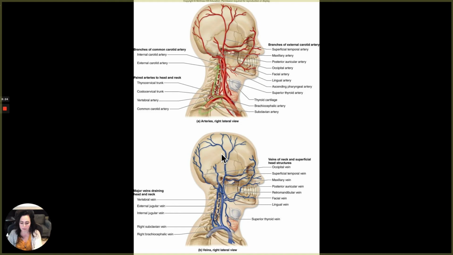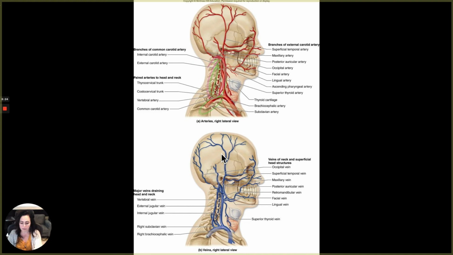So regardless of how you got to the subclavian, whether the subclavian was directly off of the aorta like it is on the left side, or whether the subclavian was after the brachiocephalic branch like it is on the right side, this vessel right here that is running up the transverse foramina of the cervical vertebra, that one is the vertebral artery. So you see the vertebral artery running right up there. Okay, so that's vertebral artery.